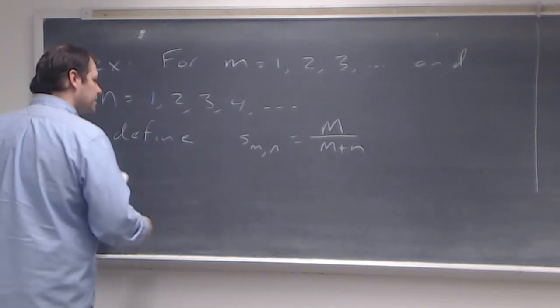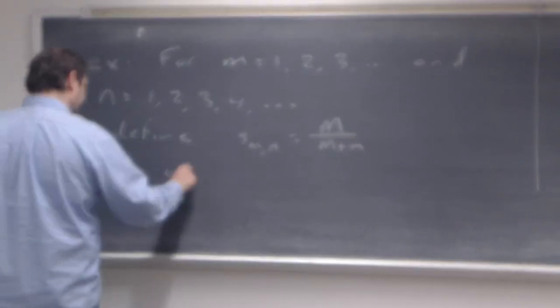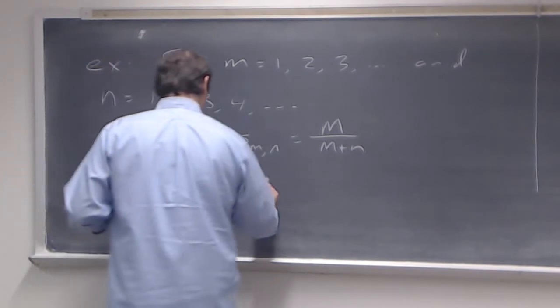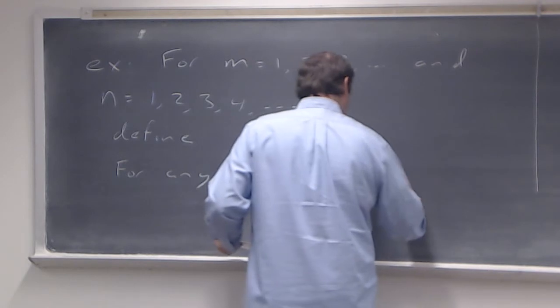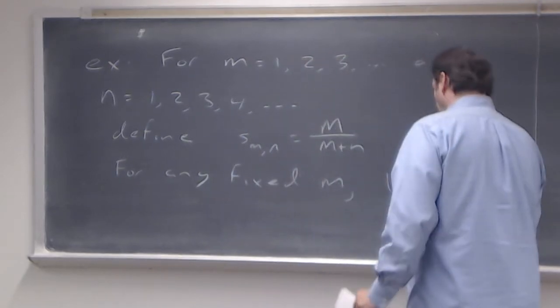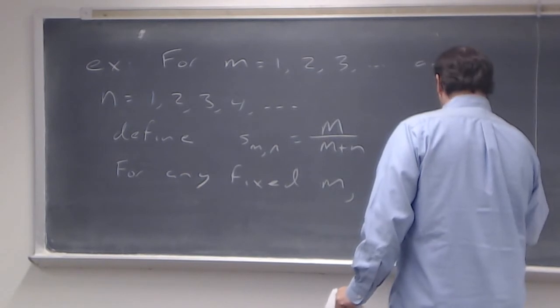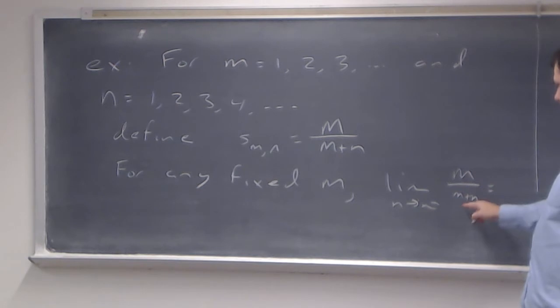And here's the thing to notice about this sequence. For any fixed m, note that the limit as n goes to infinity of m over m plus n will be equal to 0, since m is fixed and we're letting n get bigger and bigger.